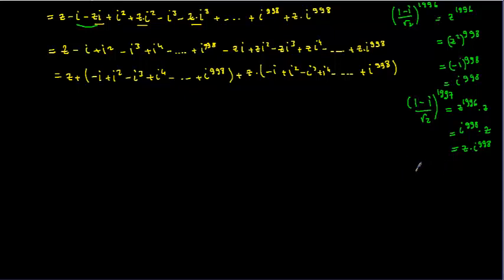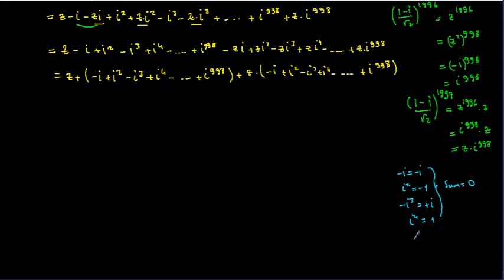Minus i is equal to minus i, then i squared is equal to minus 1, then minus i cubed is equal to minus i times i squared, which is equal to plus i, and the last one, i to the power of 4, is equal to 1. The sum of these four is equal to 0.